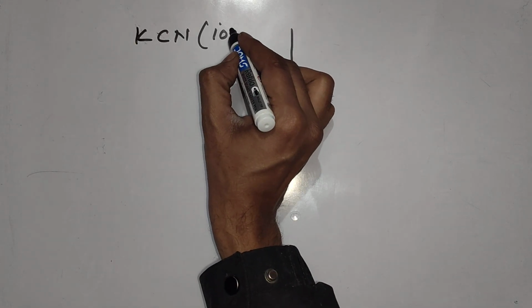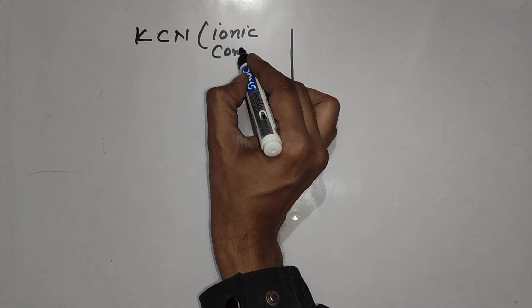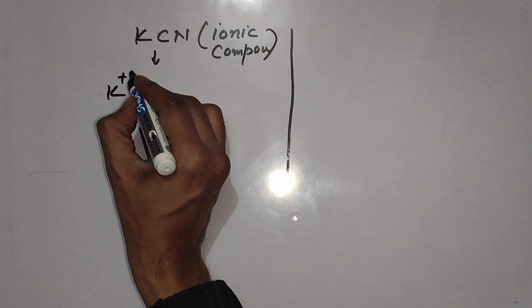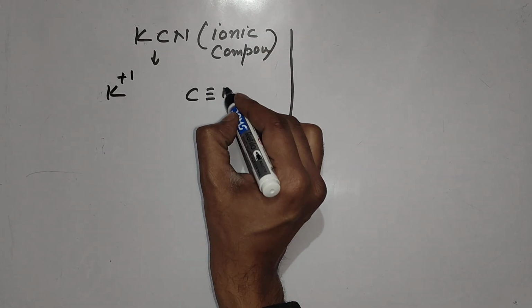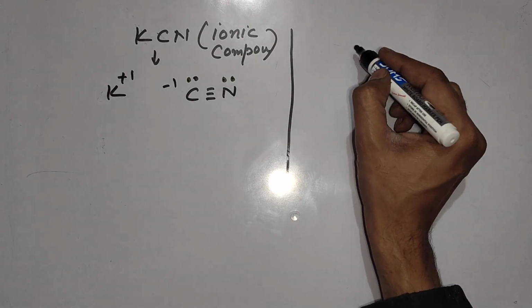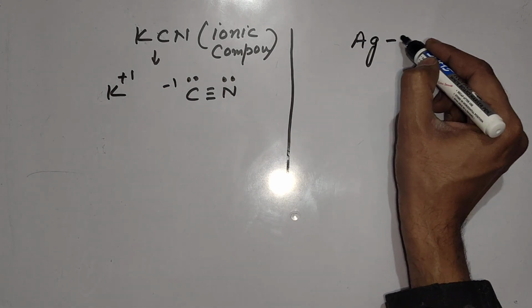KCN is an ionic compound. It will break in two parts, K positive, CN negative, whereas AgCN is a covalent compound.